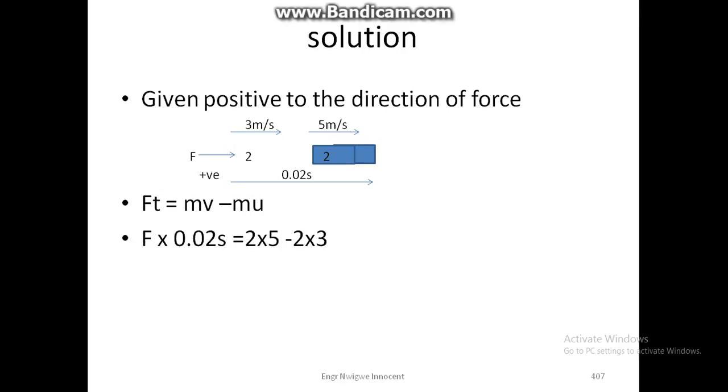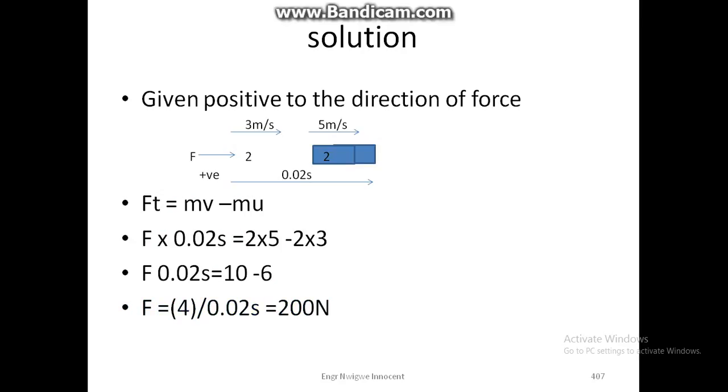Then we now have F times 0.02 is equal to 10 minus 6. Making F the subject of the formula, we now have 4 over 0.02, which will give us 200 Newton.